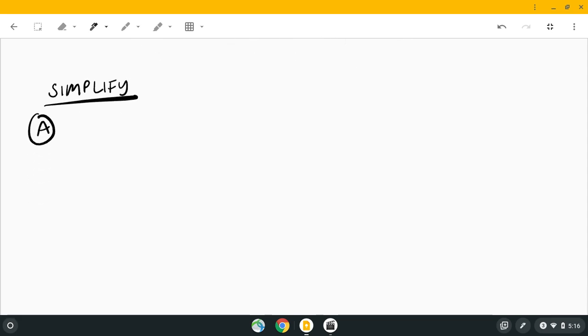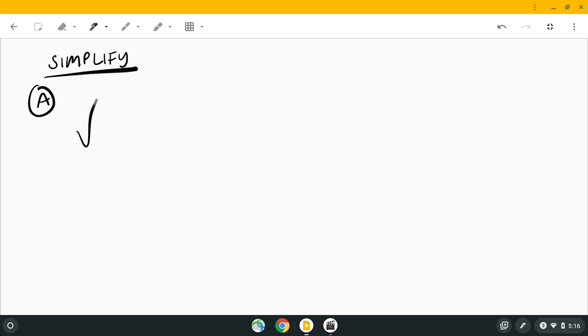We'll just do 3. Okay, so suppose that we have the square root of 15 over 49x squared. Okay, so I can't simplify these. They don't have anything in common, right? And it's not a perfect square. But if I split them up, I can see here that I can simplify the denominator.